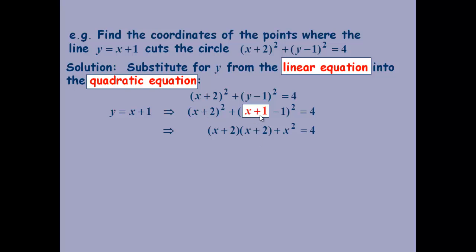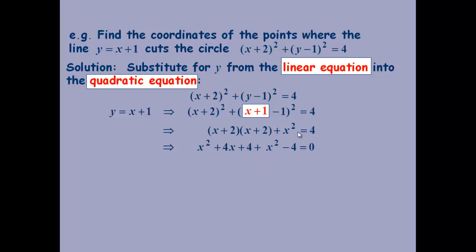You can see here that the x plus 1 minus 1 is going to just equal x squared, isn't it? The plus 1 and the minus 1 will cancel. So we can simplify it to this. If we then expand out this bracket, we get x squared plus 2x plus another 2x plus 4, which gives us x squared plus 4x plus 4, then plus x squared.